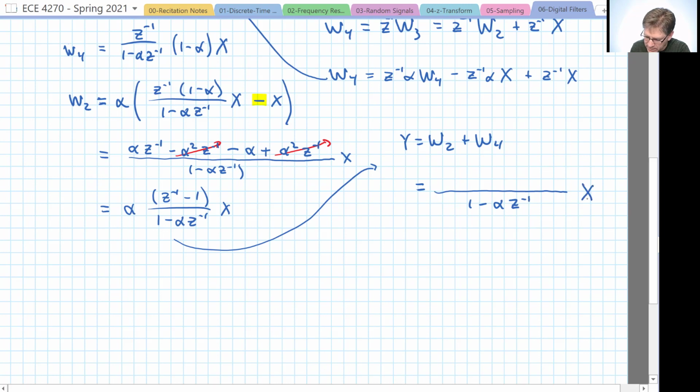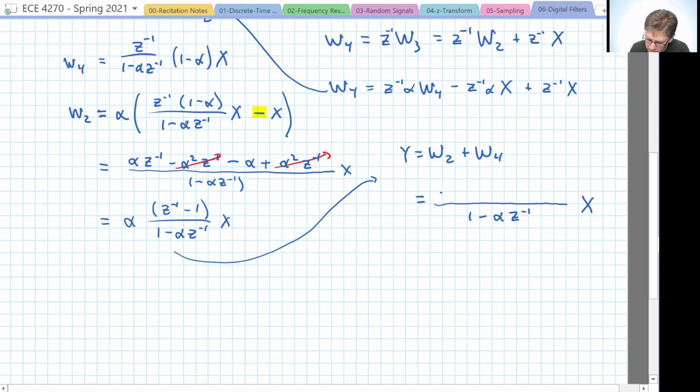We're going to have an x over here, and from w4 we have z to the minus 1 minus alpha z to the minus 1, and from w2 we have alpha z to the minus 1 minus alpha. Those two terms cancel, and now we finally have z to the negative 1 minus alpha over 1 minus alpha z to the negative 1 times x.